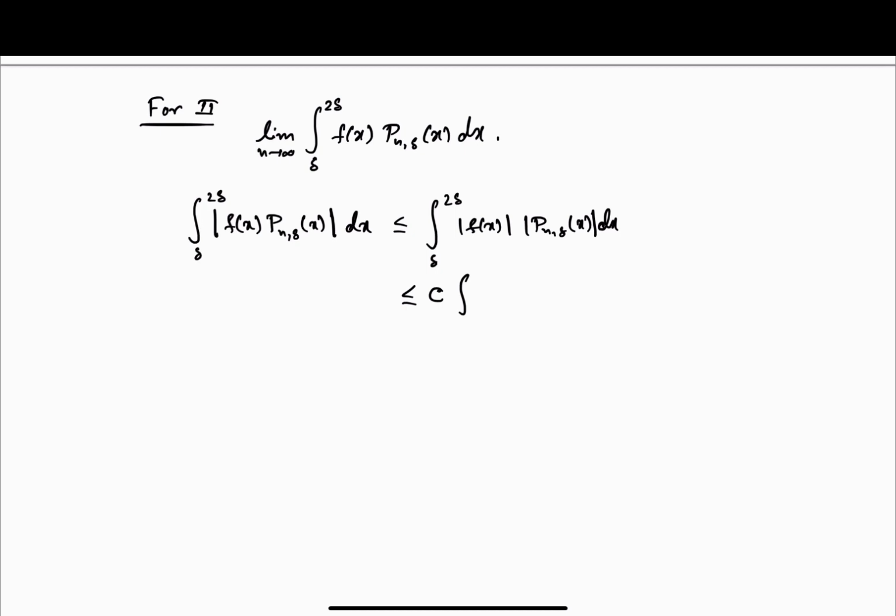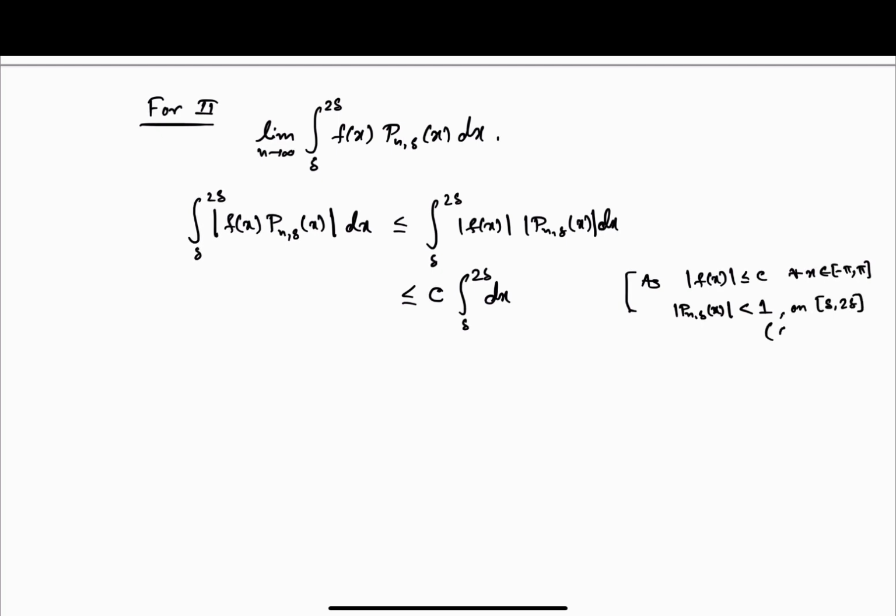Then the integral becomes the integral from delta to 2 delta of dx. Here we are using these two things: that mod of f(x) is less than c for all x in minus pi to pi, and p_n,delta(x) is strictly less than 1 on delta to 2 delta, right?